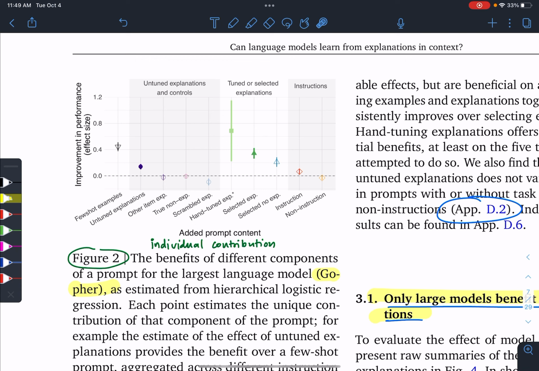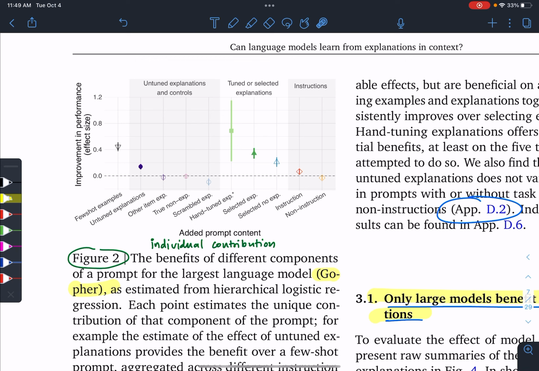The target should be multiple choice and in JSON format. The explanation should make sense. It should not be just a restatement of the answer. The few-shot performance of our largest model should be sufficiently low that explanation should plausibly offer some benefits. Okay, so these are the 4 constraints for selecting 40 tasks.